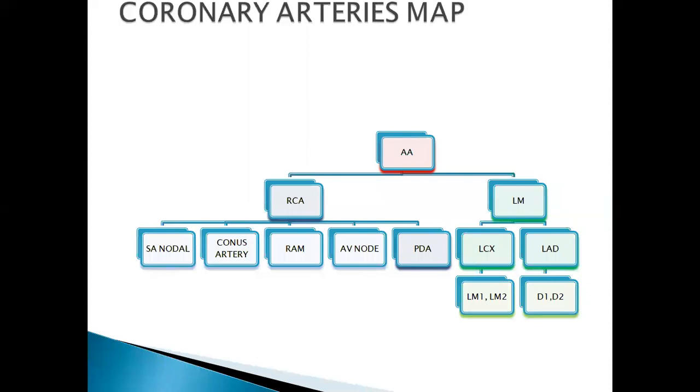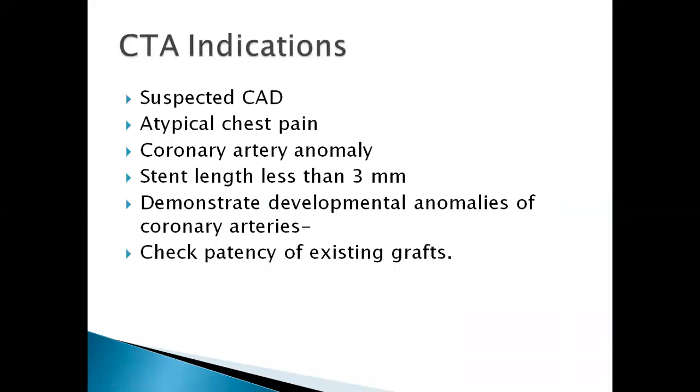On the left circumflex, you may have the marginal artery, 1 or 2 or 3, depending on the patient. On the right side, the right coronary artery, mainly you have the right acute marginal artery that you see right here in the middle, and the PDA. But you may also see these small branches, and you need to be aware of these branches and where they're supposed to branch from.